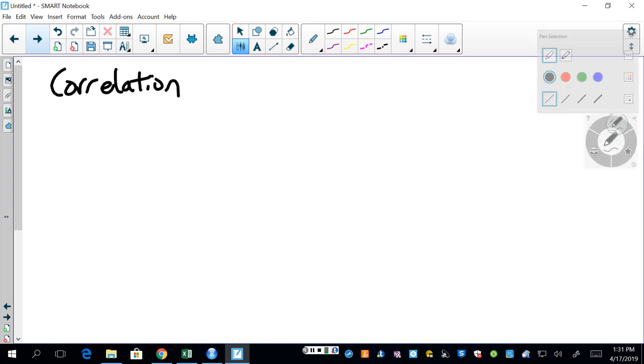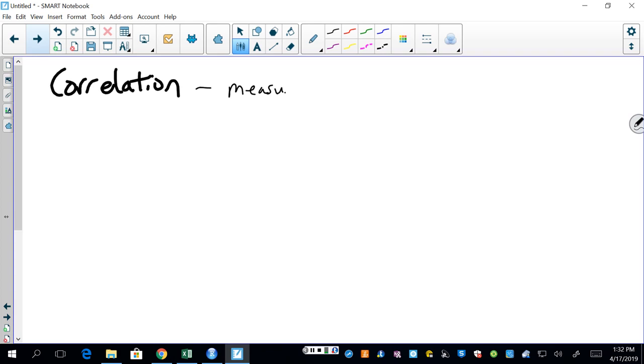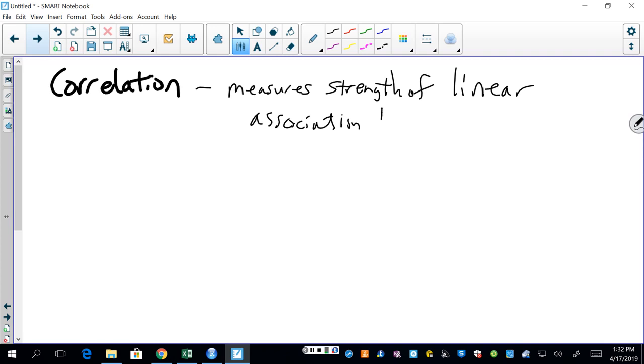It measures the strength of linear association between two quantitative variables.